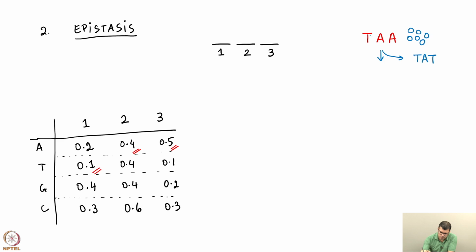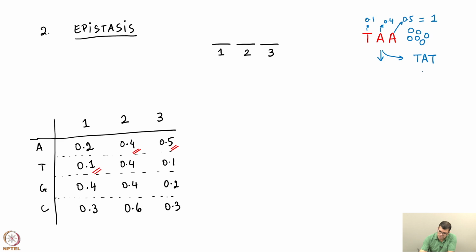So the parent fitness was T at position 1 gives fitness of 0.1, A at position 2 gives fitness of 0.4, and A at position 3 gives fitness of 0.5. So the sum total fitness of this individual is simply equal to 1, which is 0.1 plus 0.4 plus 0.5.